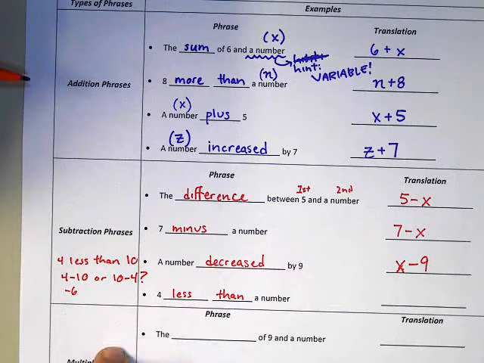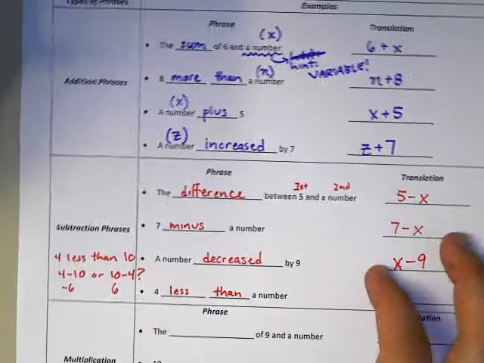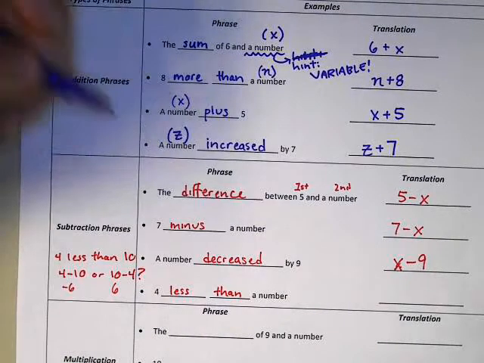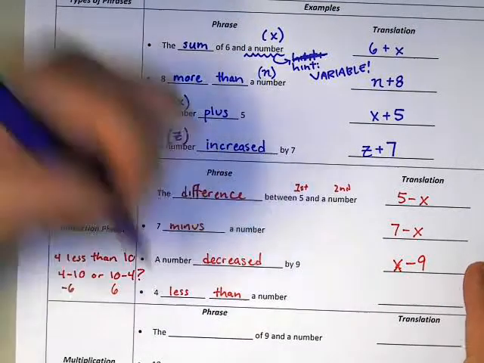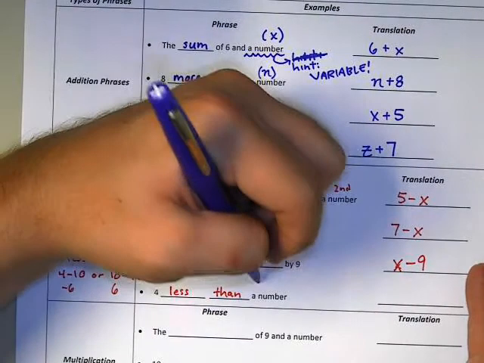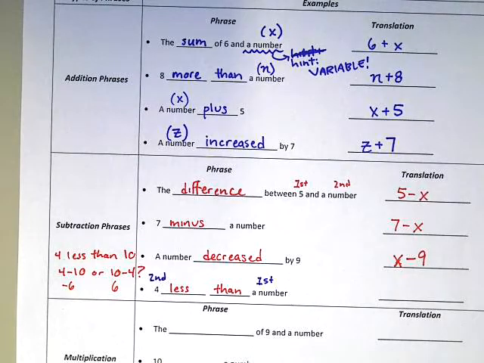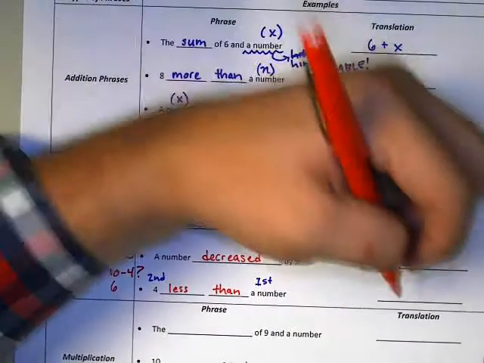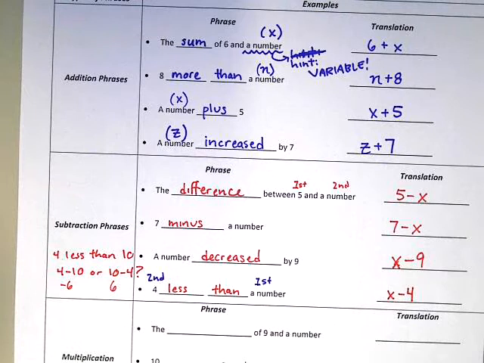We said that 4 less than 10 was positive 6. Okay, so the idea here, and I know it's goofy, but when you see less than, it actually gets reversed. This comes first and this comes second. So 4 less than a number actually means that we're going to go x minus 4.